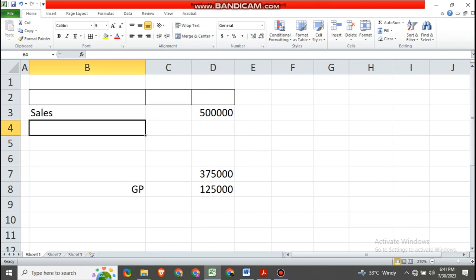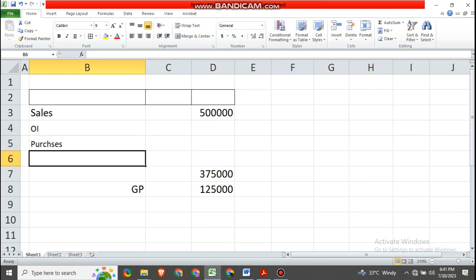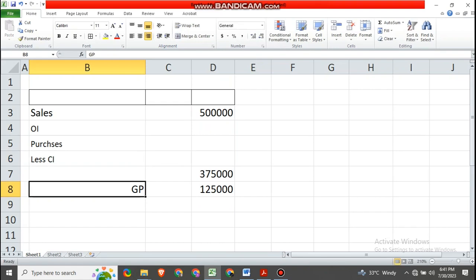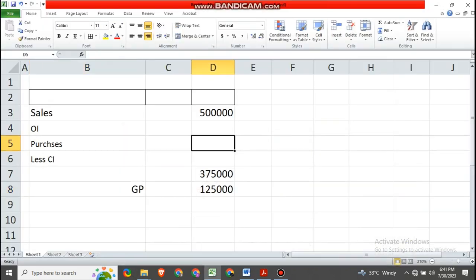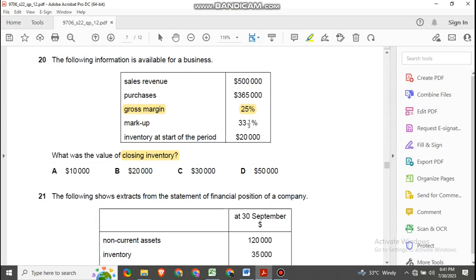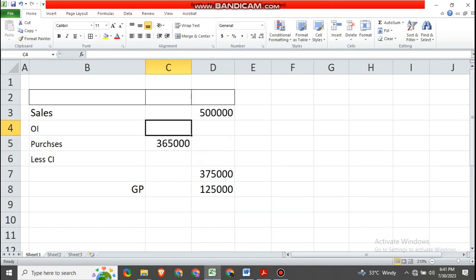Now how do we calculate the cost of sales? Cost of sales is opening inventory plus purchases minus closing inventory. In the question, we know our purchases are 365,000. And we also know the inventory at the start of the period, opening inventory, is 20,000.